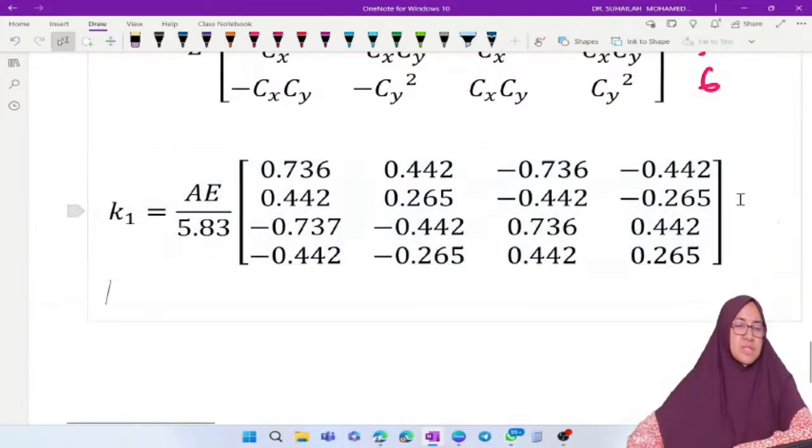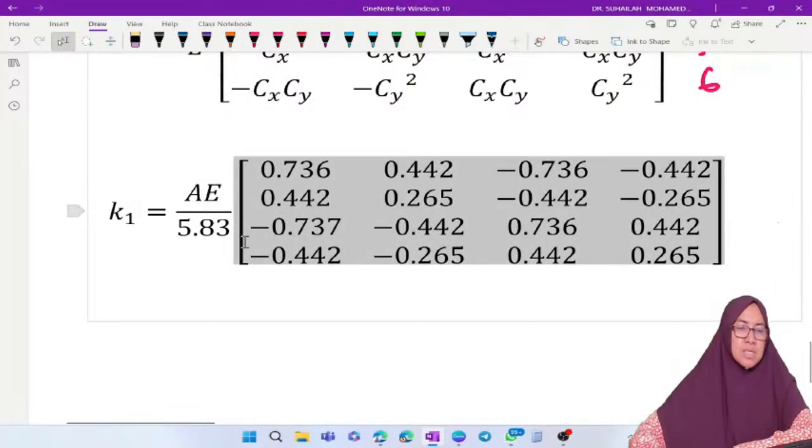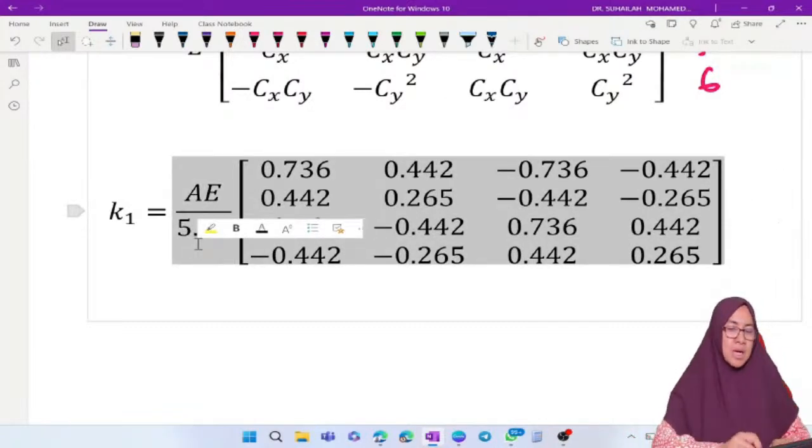We still have to divide by 5.83. We just need to keep AE outside the bracket.